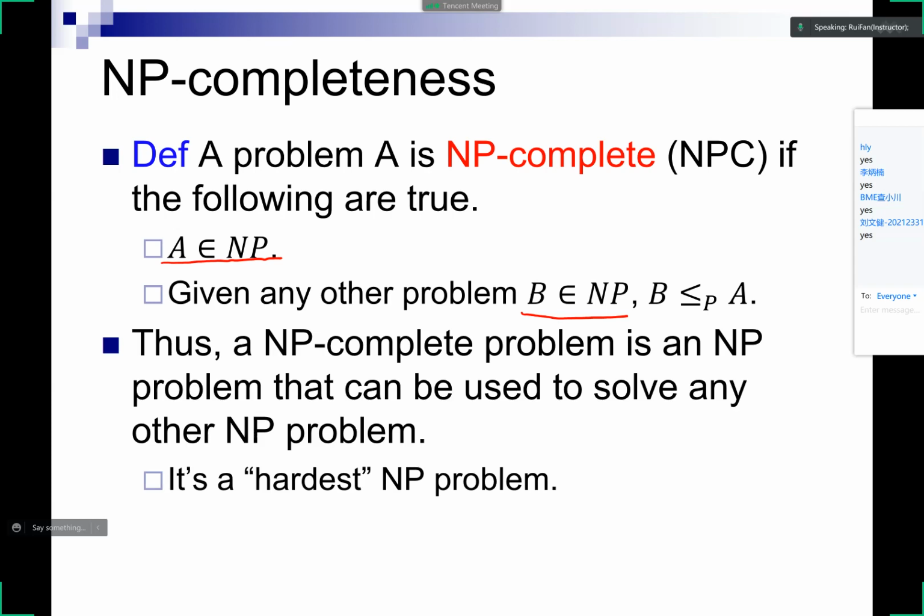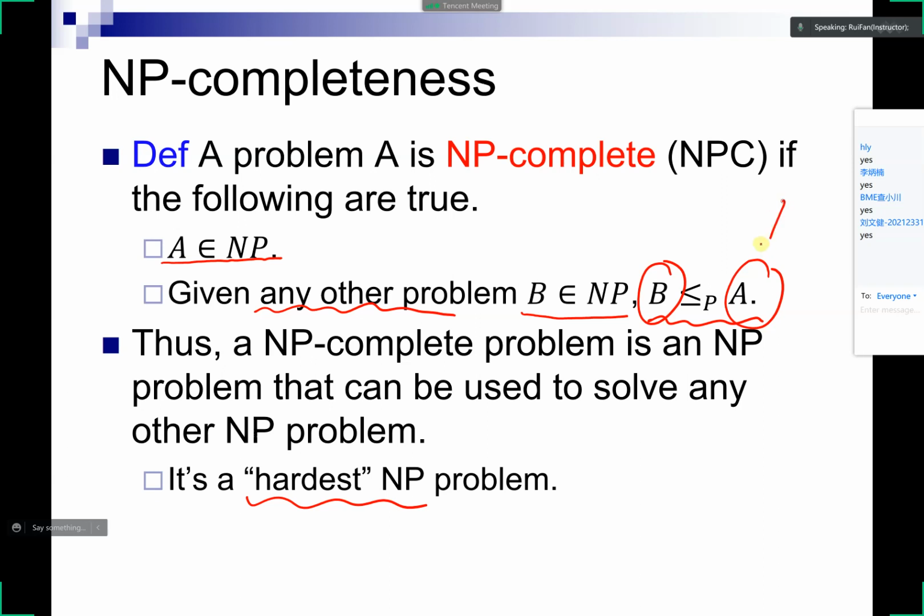Therefore an NP complete problem is an NP problem which can be used to solve any other NP problem. Because if you take any other NP problem B, then B has to reduce to A. So if you can solve this NP complete problem A, then you can solve any NP problem B. That's why these NP complete problems are the hardest NP problems.